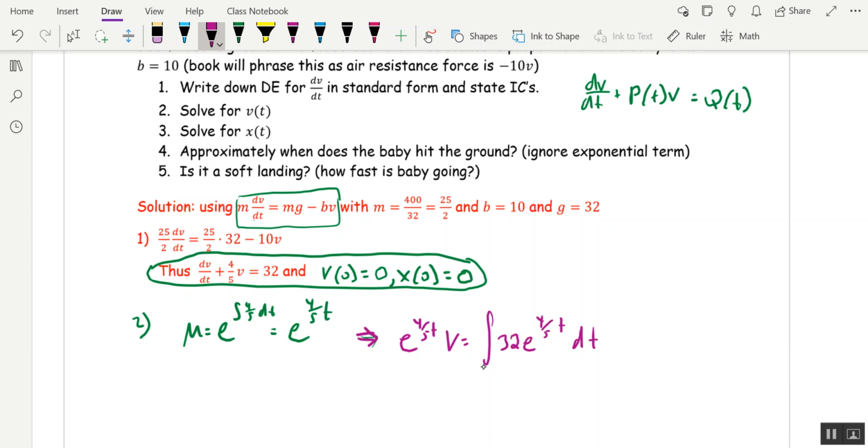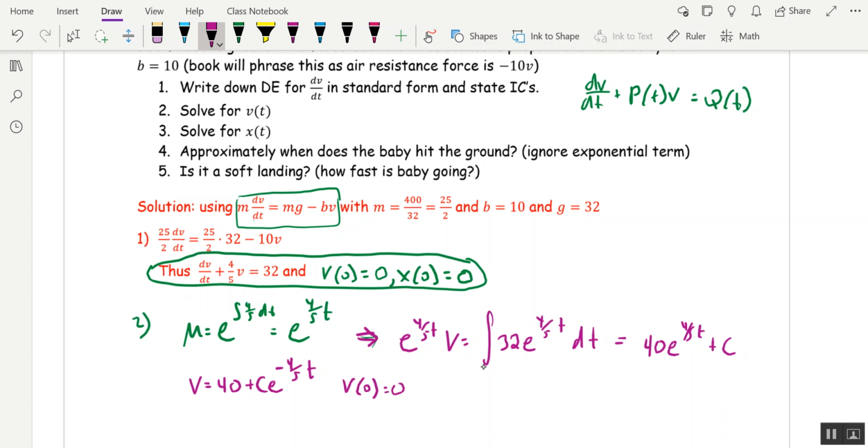All right, and so we integrate, divide by 4, multiply by 5, divide by 4, 8, so that gives us 40 e to the 4/5 t plus c. And then divide both sides by mu to get v equals 40 plus c e to the negative 4/5 t. Use v of 0 equals 0.